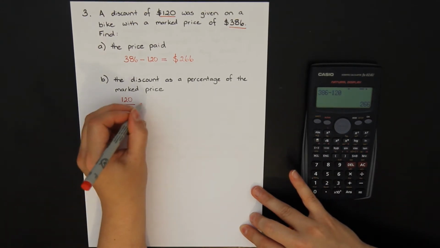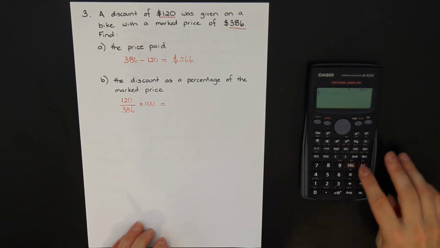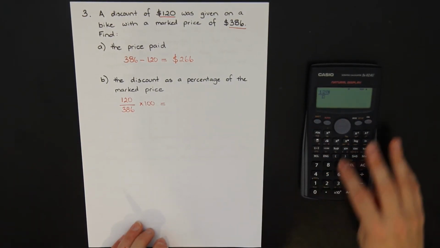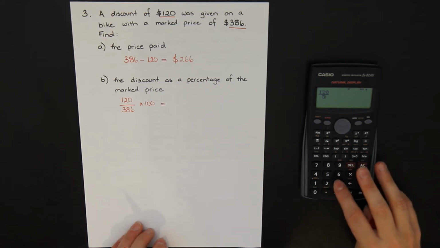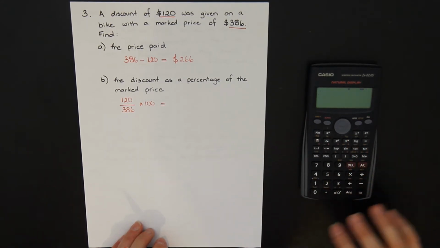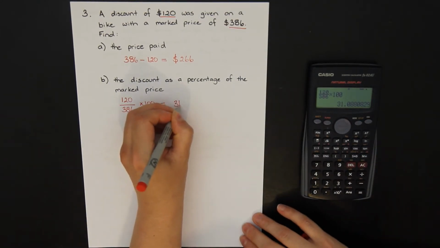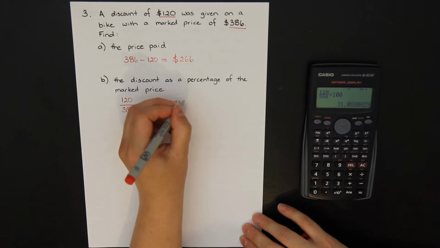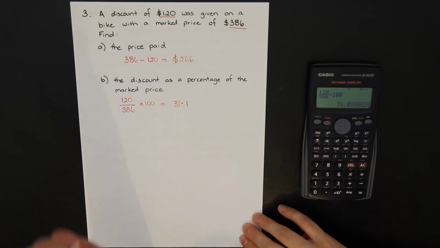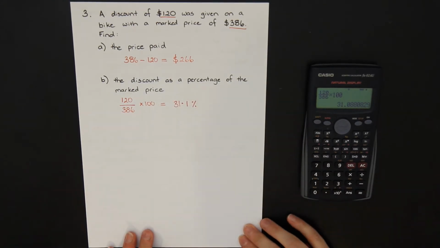So to find the percentage, you multiply by 100. Type it in the calculator. 120 over 386 times by 100 is a 31.1% discount.